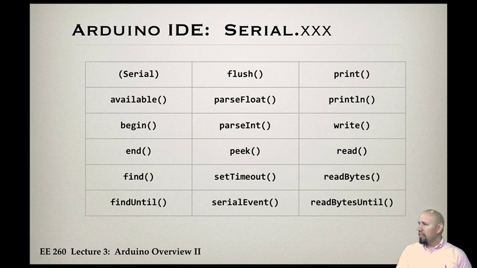Write allows you to send out a single byte of information. Similarly with read, I can do readBytes, and so a number of functions. I can set a timer to time out if it's taking too long, for example, if it's expecting input, like you want to enter some values and it's taking too long. So a number of things can be done with the serial command.